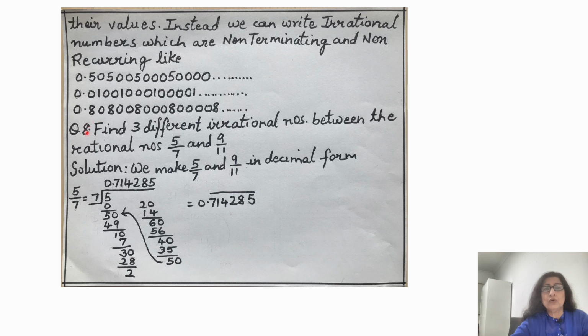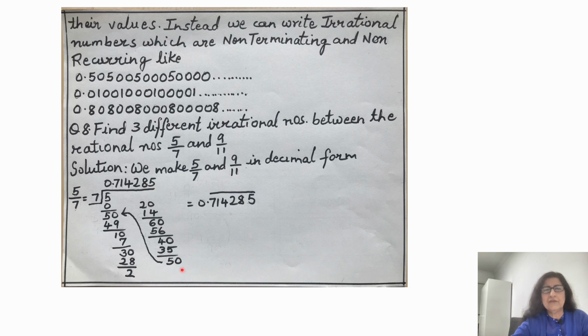We move on to question number 8. Find 3 different irrational numbers between the rational numbers 5 upon 7 and 9 upon 11. So we start by making 5 upon 7 and 9 upon 11 in decimal form. So 5 divided by 7 is equal to 0.714285.